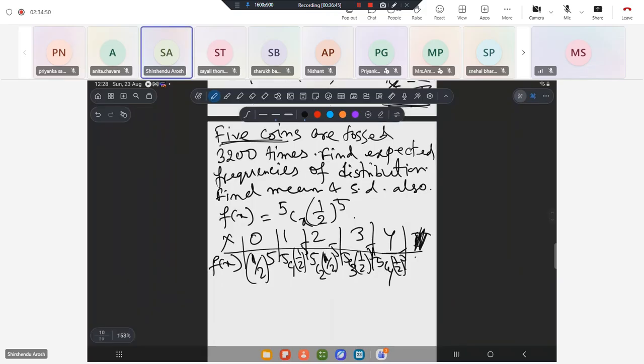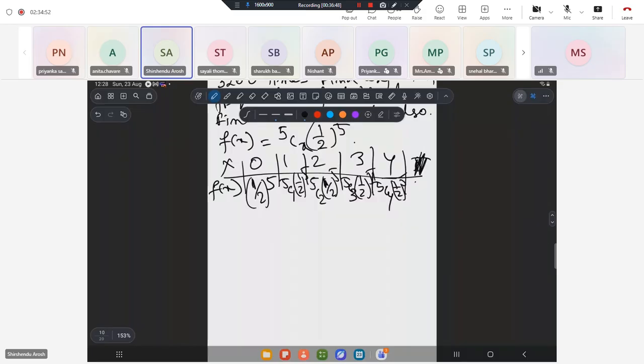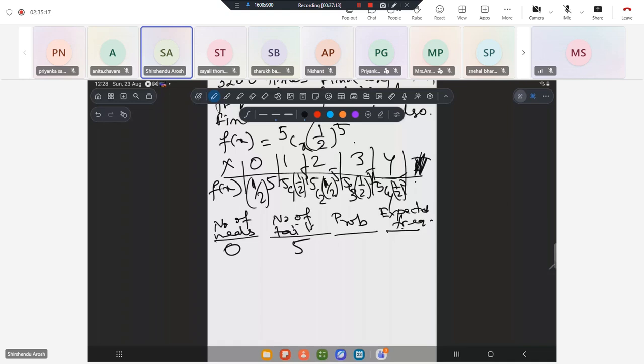And now how the distribution would look: number of heads, number of tails, the probability, and the expected frequencies. 0 heads, that is 5 tails, 5C0 half to the power 5.